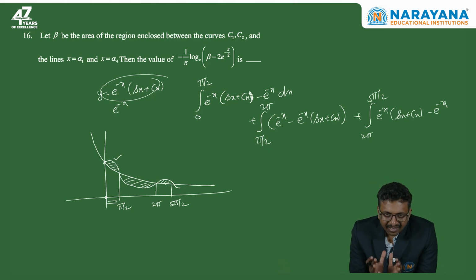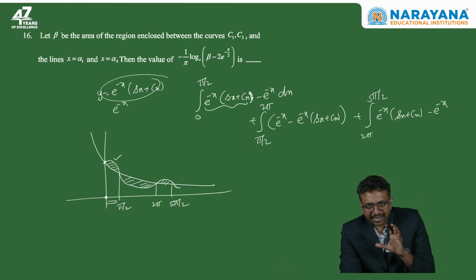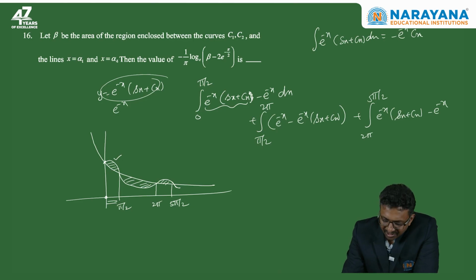So here the tricky thing is you have to get the integration of e power minus x into (sin x plus cos x). You write that properly. So integration of e power minus x into (sin x plus cos x) by observation is nothing but minus e power minus x into cos x. Can you observe this?